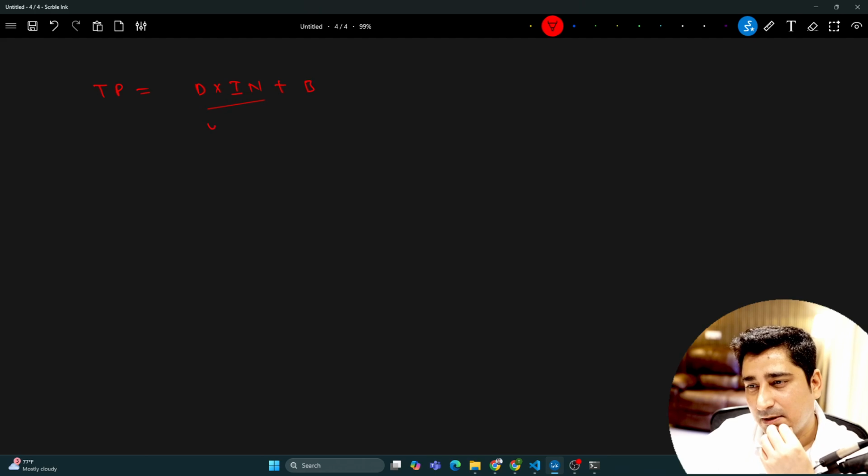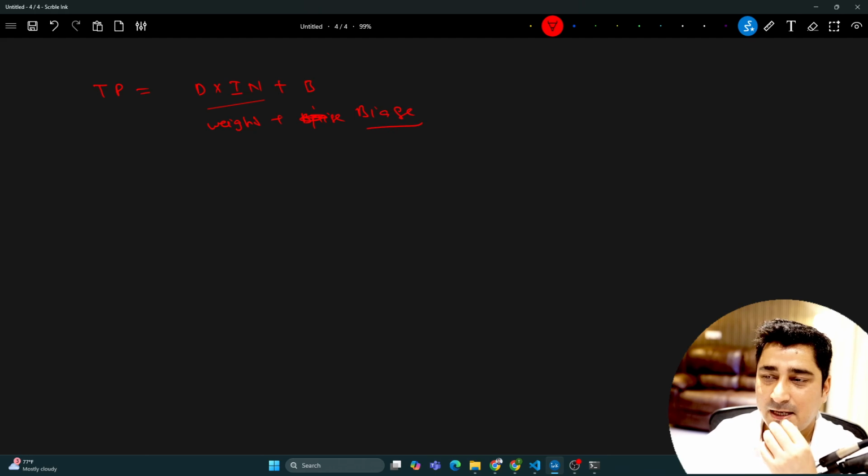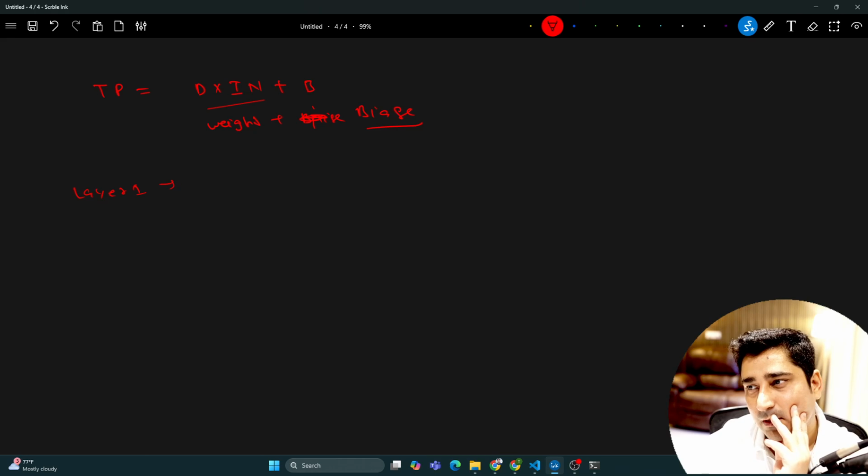Technically this is weight plus bias. So if I talk about layer 1, the simple mathematics is: 4 is our input, and it goes to 10 neurons, plus 10 biases. So it's going to be 50.